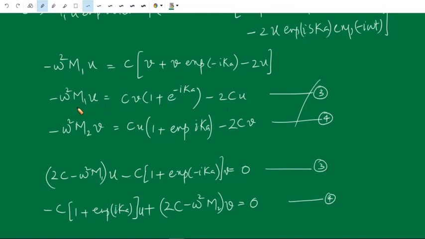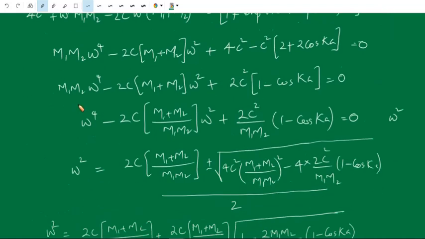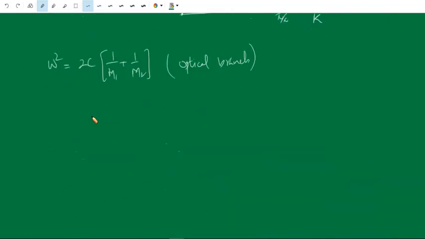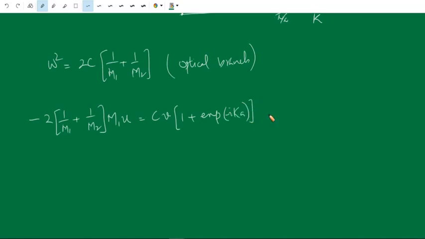In this equation, substitute the value of omega square for the optical mode: minus 2c (1 by m1 plus 1 by m2) m1 u is equal to c v (1 plus exponential minus ika) minus 2c u.